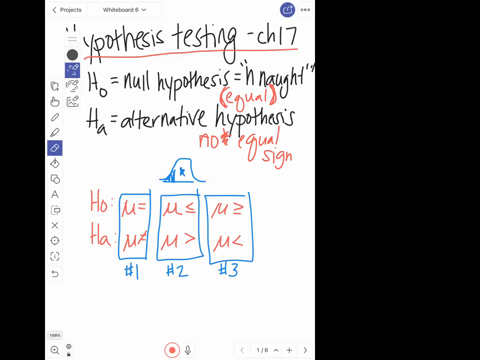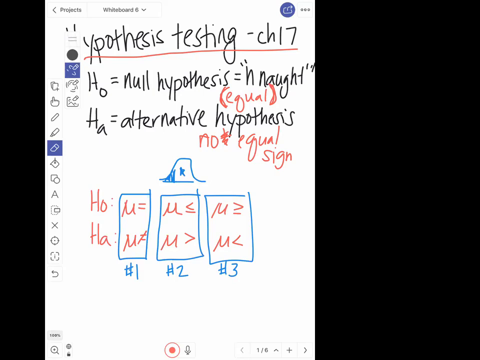So here are your possibilities down below. Possibility number 1, your null hypothesis could be an equals, and that would make your alternative not equals. Number 2, your mean could be less than or equal to for your null, then it would have to be greater than for your alternative.